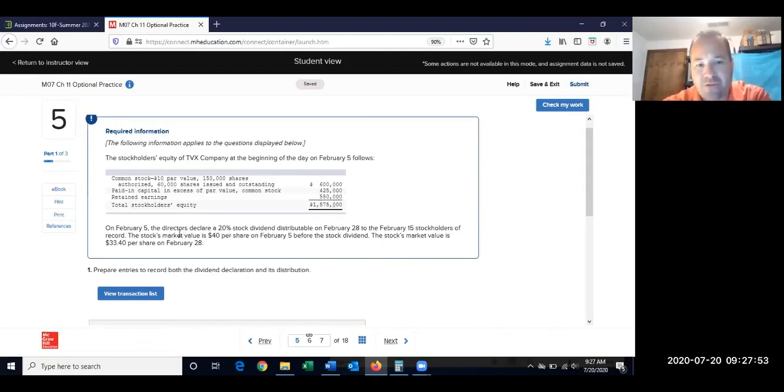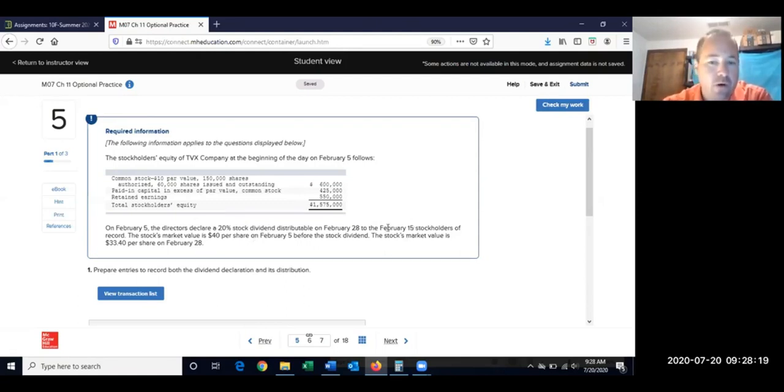All right, so on the 5th, we're going to give out a 20% stock dividend. And this is different now. This is a stock dividend, and it's only 20%. So we're going to use the value of the actual market price, not the par value in this case, because it's less than 25%.